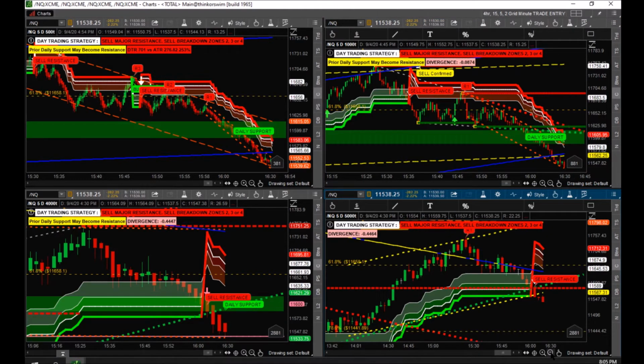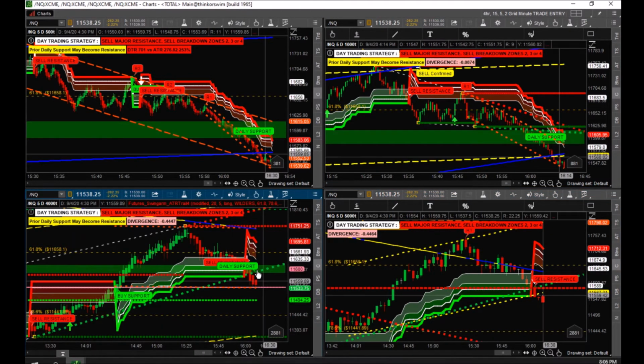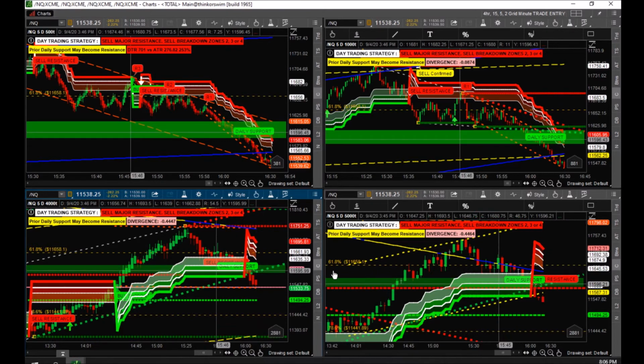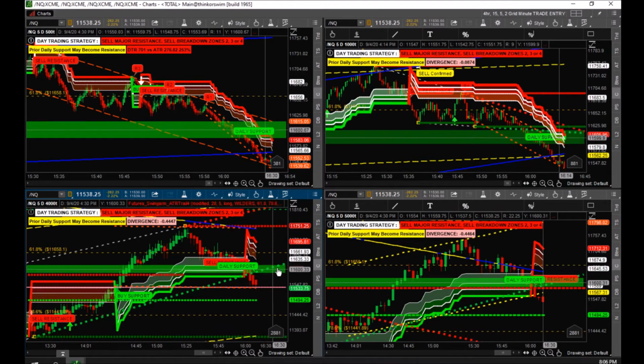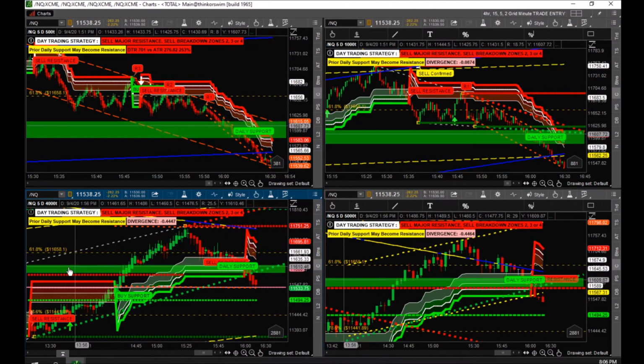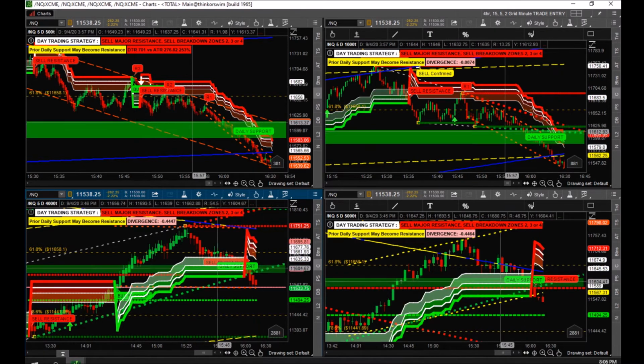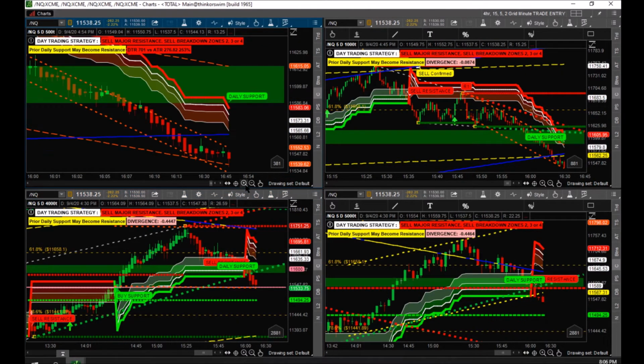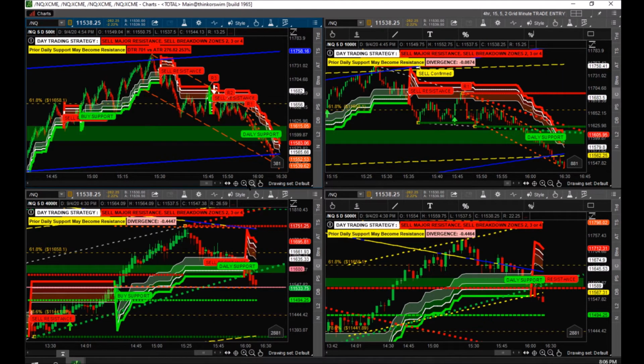Based on the longer time frame, you can see that this one here says sell resistance, and over here some daily support. This blue line, green line here is basically your daily support, which it broke, and it's just going to continue to sell off there.